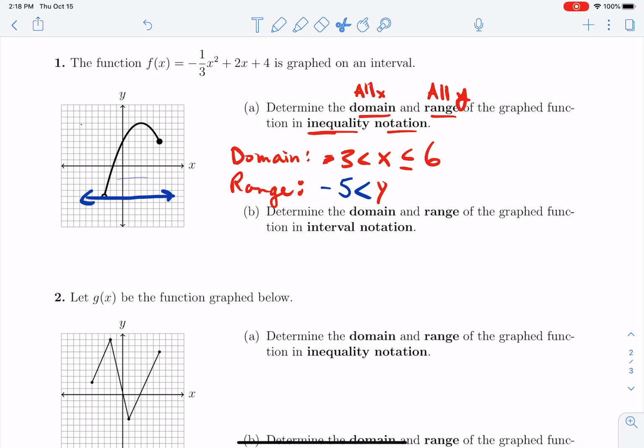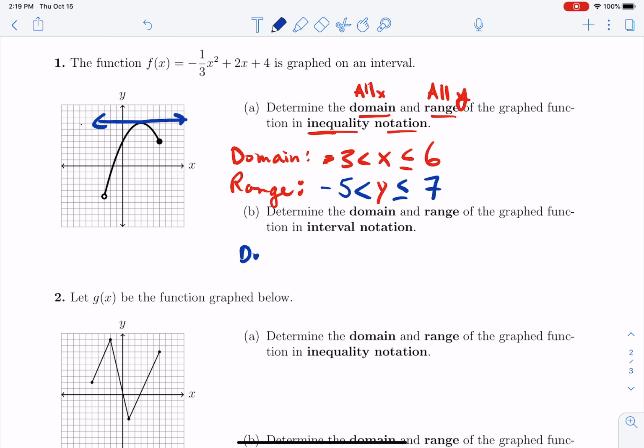And now, to find my largest y value, I'm going to go up and down my function. And the largest y value doesn't occur here. It occurs where the function reaches its maximum point, which is there. Okay, and that y value is at 7. So we have that y is less than or equal to 7, because notice it's a solid line at that point.